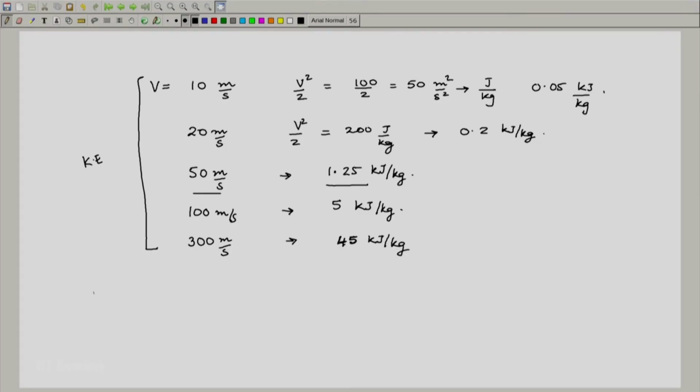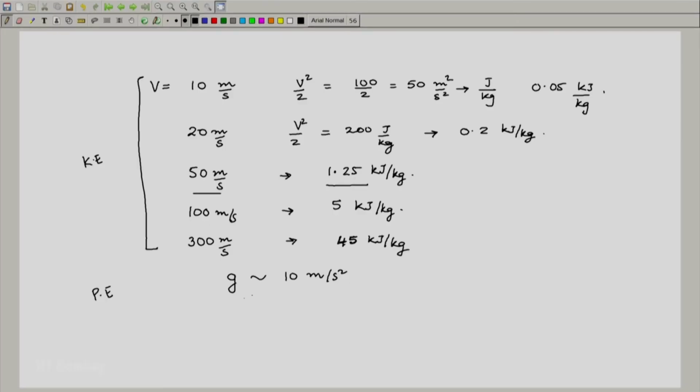Let us look at Pe. Let me assume, just for simplicity of calculation, that g is around 10 meter per second square rather than 9.8. For turbines and compressors and pumps, the height difference at most could be anywhere between much less than a meter to even 2, 3, 4 meters.